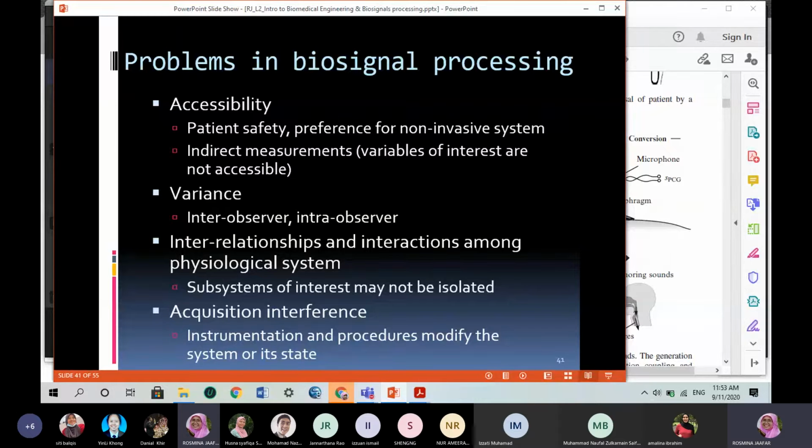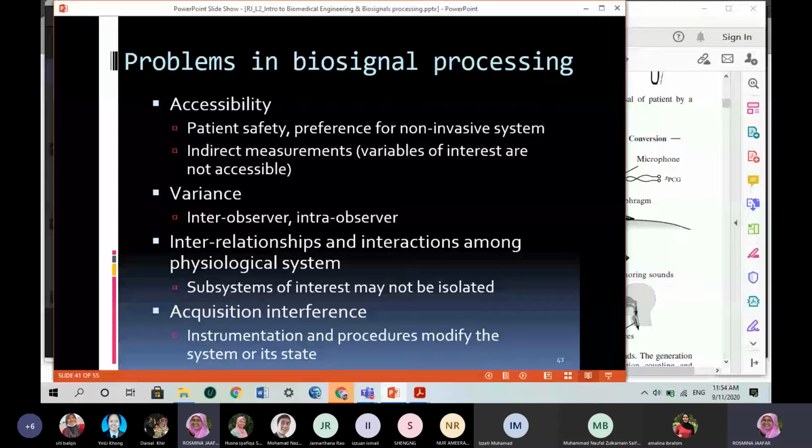He thinks the blood pressure is 125/85, for example, different from Dr. A earlier. So that is inter-observer variance. The result of the data taking is not the same, varying from one person to another.